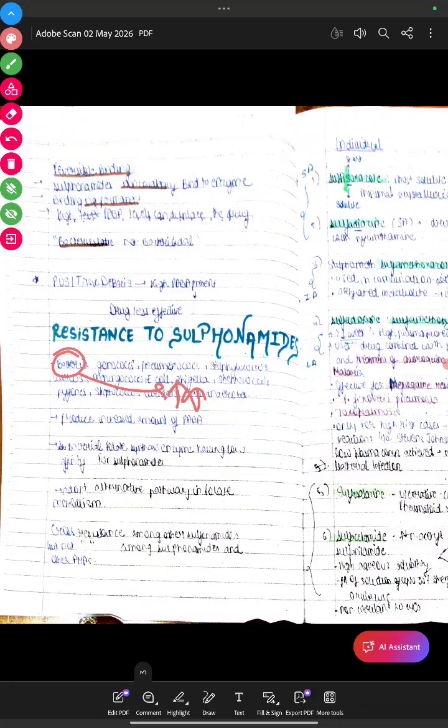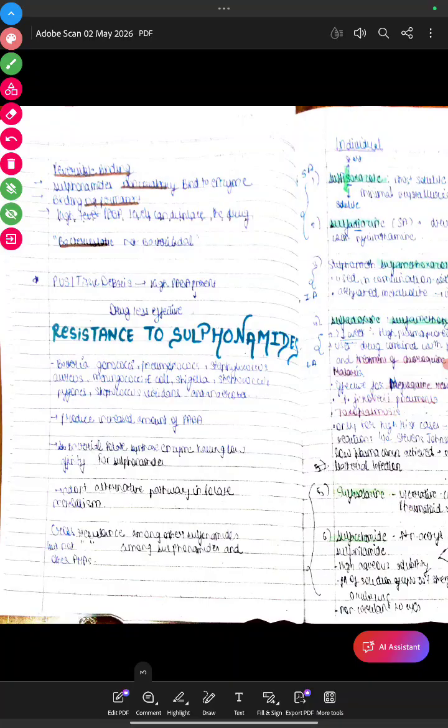Now, resistance to sulfonamide is very important because many bacteria which were earlier susceptible are now resistant to sulfonamide, and hence sulfonamide is rarely used alone. Now it is mostly used in combination.